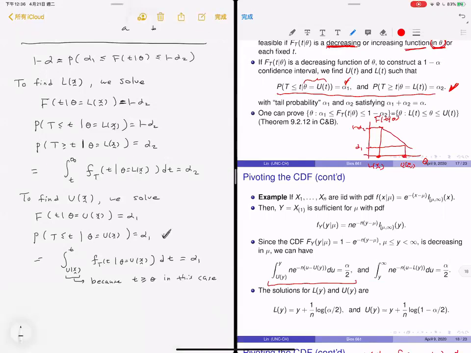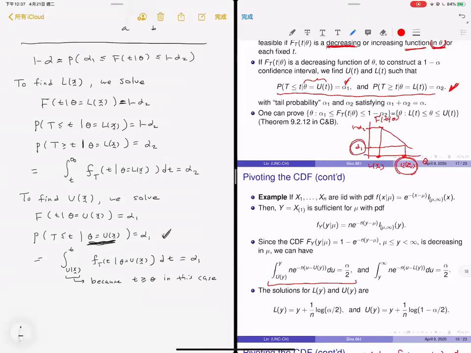So we are using the lower value alpha 1 to find the upper bound of the 95%, 1 minus alpha confidence interval for theta. Really, you plug in theta as the upper bound to solve that equation.